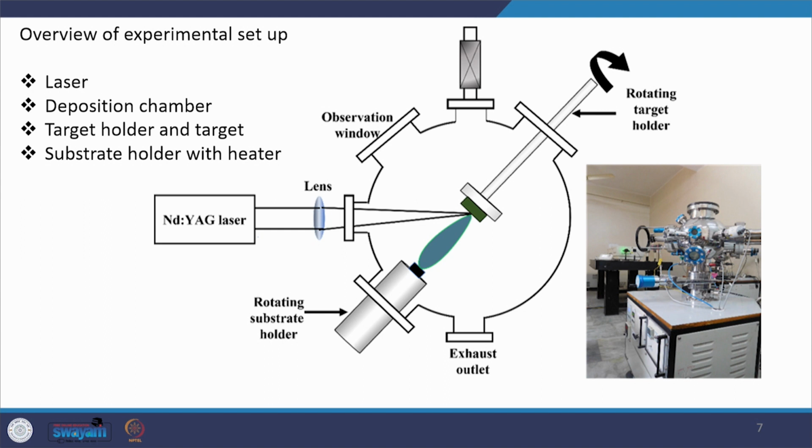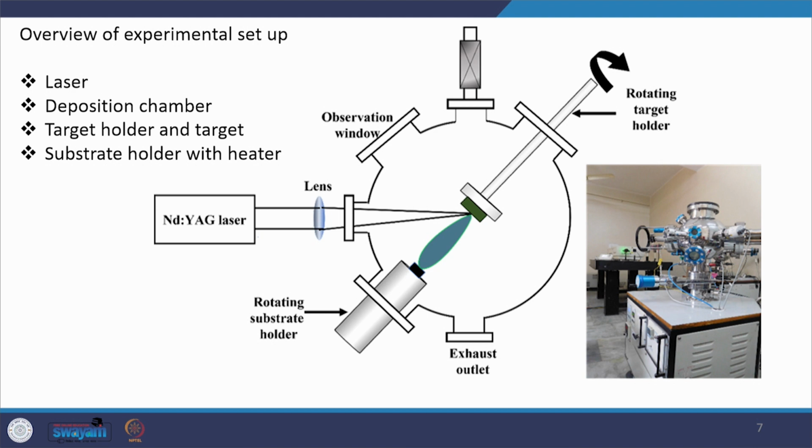You can see that the laser is coming and is focused with the help of a lens towards the target, and this target holder rotates continuously, so that a fresh surface of the target always comes. Otherwise a crater will form, which will obstruct the formation of the plasma.